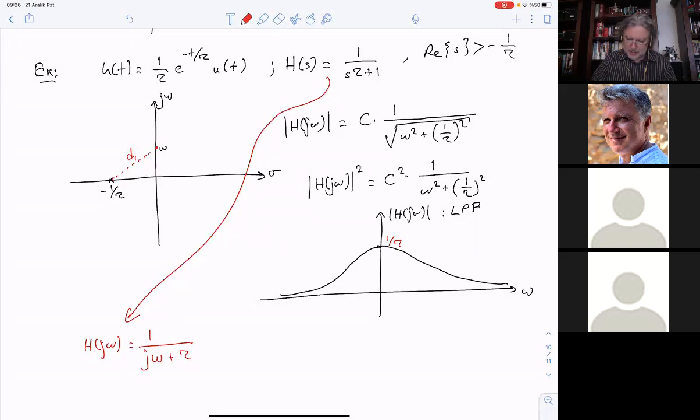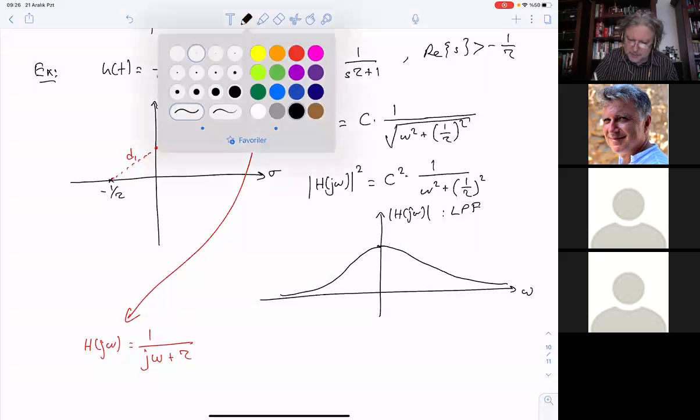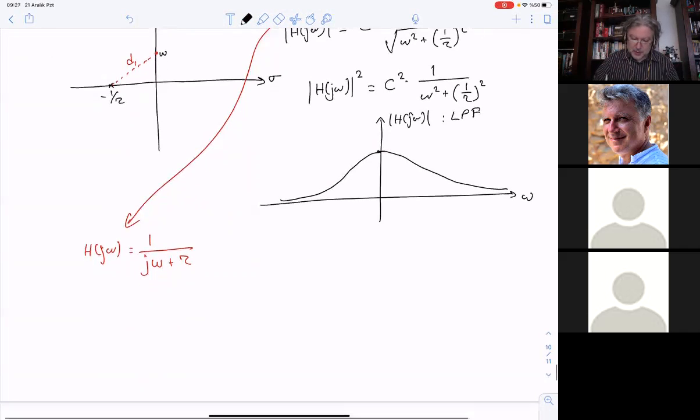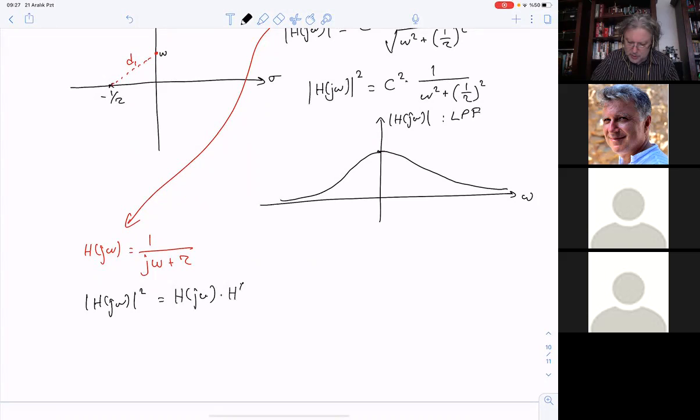But before that, let me erase it and let me find, in general, the formula for what is h of j omega from this expression, h of j omega in magnitude. So the magnitude of h of j omega, let me find it in square terms, is equal to h of j omega times h conjugate of j omega, which is 1 over j omega plus tau times 1 over minus j omega plus tau.